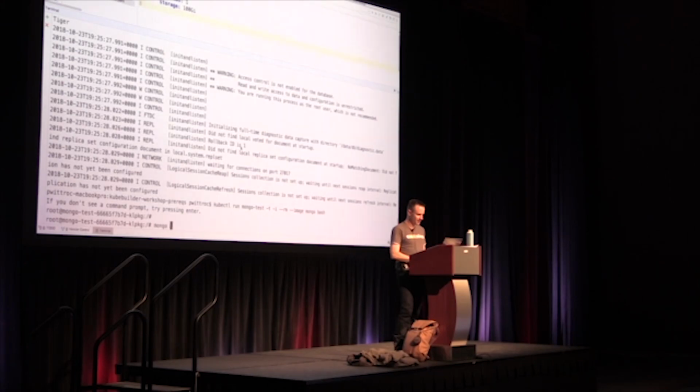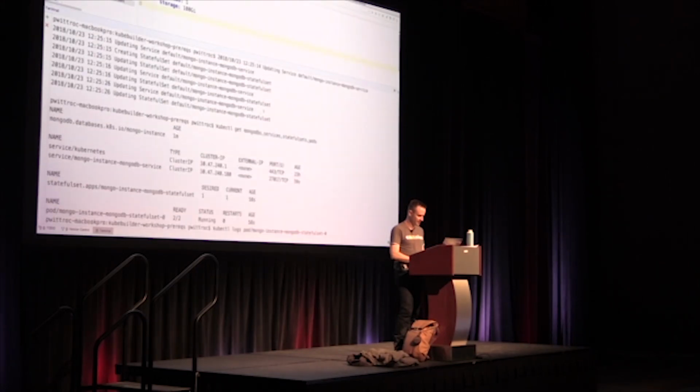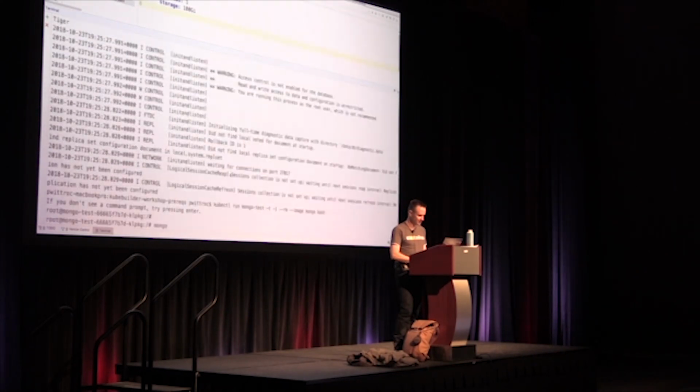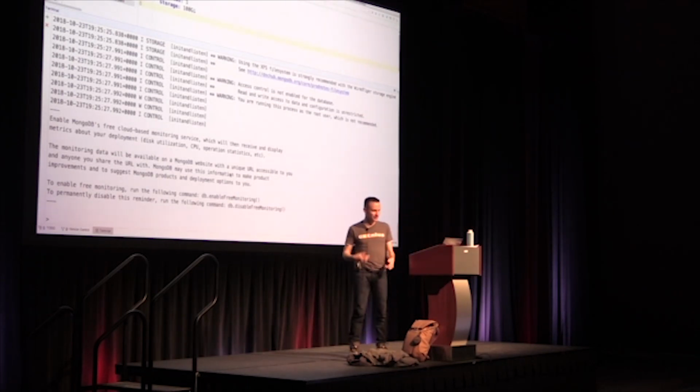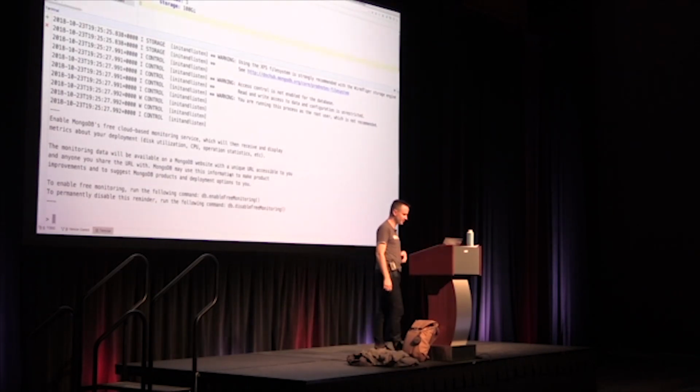And so I'm going to say mongo. I'm going to take that service IP, because this is internal only. We're not publishing this externally. I'm going to say port 27017. And then you can see you have the shell. So the thing's running, and you can connect to it from inside the cluster.